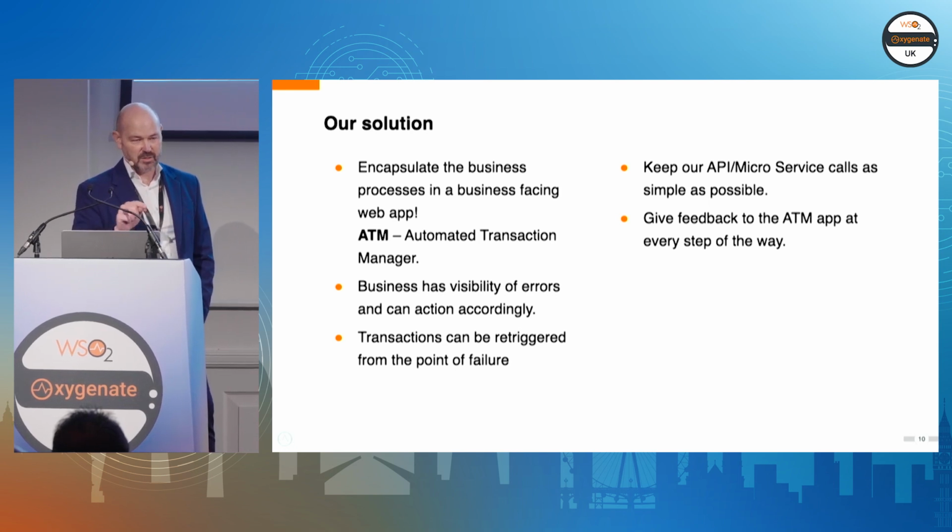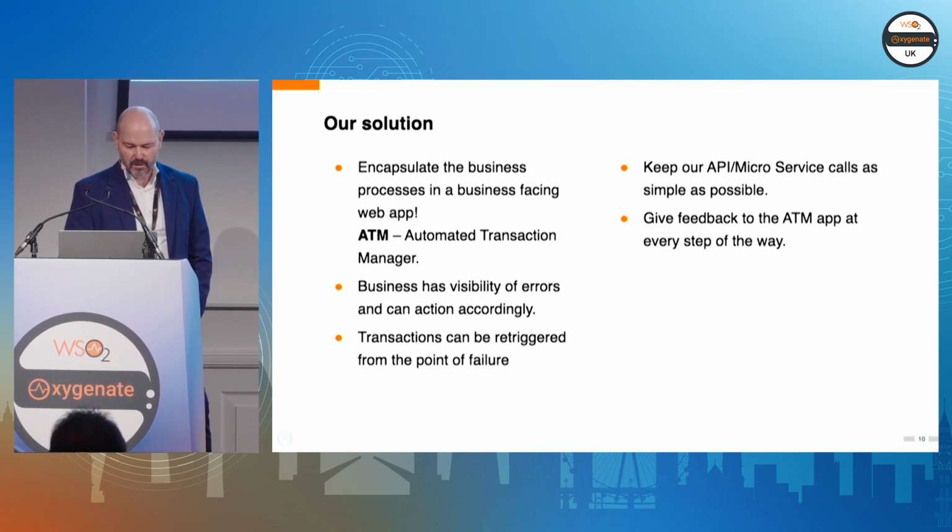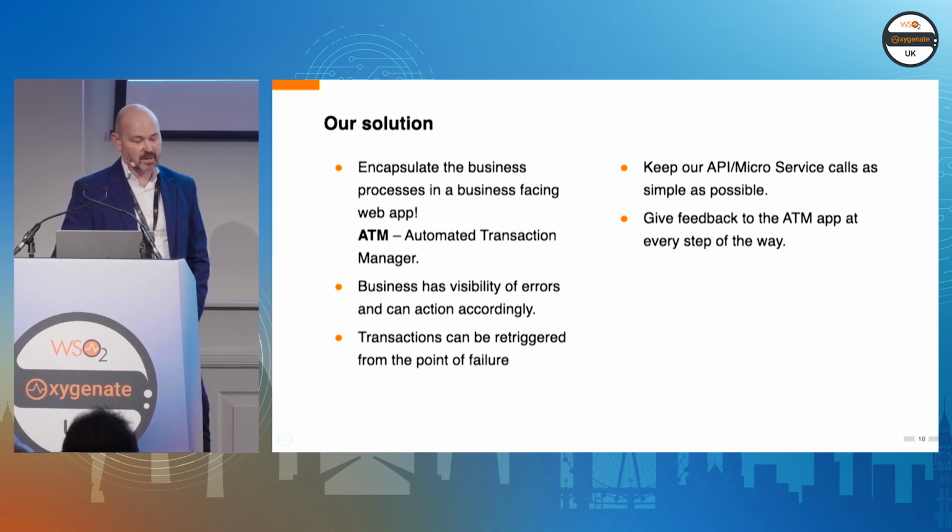And if you log in, you'll see what they are. It keeps our APIs and microservices really, really simple. It's fire and response. There's no message queues needed here because we've got that logic in the application.